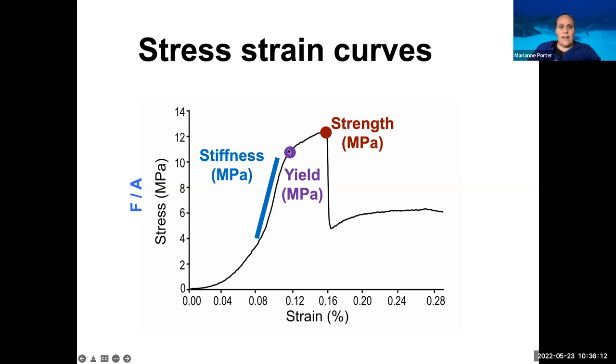But this yield point in my mineralized cartilage, I get this really clear yield point. And this is where the material is going to transition from the elastic to the plastic phase. And this means beyond the yield point, the material is going to permanently deform. And in the mineralized cartilage I study, we do see this very dramatic yield point.